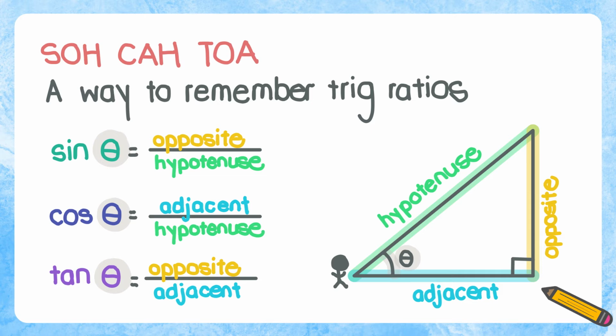Sine of theta is the opposite side over the hypotenuse. Cosine of theta equals the adjacent side over the hypotenuse, and tangent of theta equals the opposite side over the adjacent side. You might learn more about trig ratios in future math classes, but for now, I just wanted to introduce the topic.